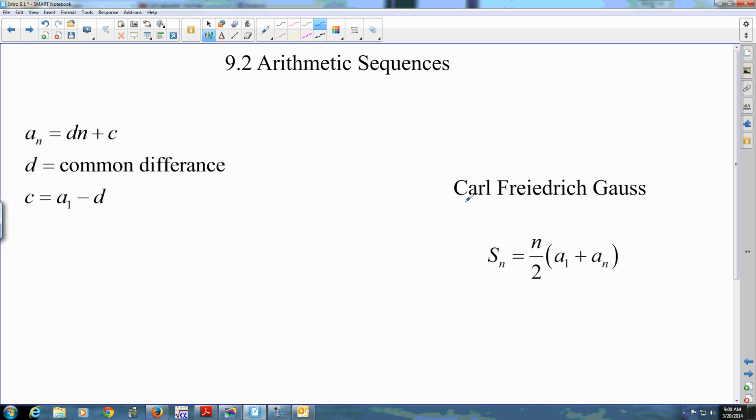Okay, this dude, Carl Friedrich Gauss, I think he was in the 1700s, but it really doesn't matter. He was a famous mathematician, and this is one of the things that legend has it that he came up with. It was in elementary school, and he was very precocious and quite the intelligent individual.